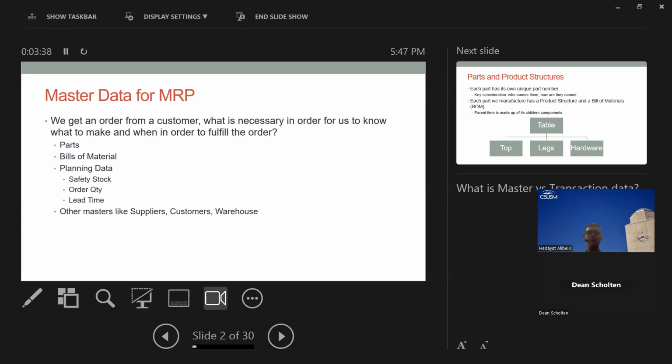There are a few things that are repetitive here on this slide and the other slide, even MPS is on this slide. But bill of material also gives us the list of items that go into one end item as well as their respective quantities. The multiplier that we get from the bill of material allows us to calculate the gross requirement for the child items, for the items that go into one parent item, one end item.